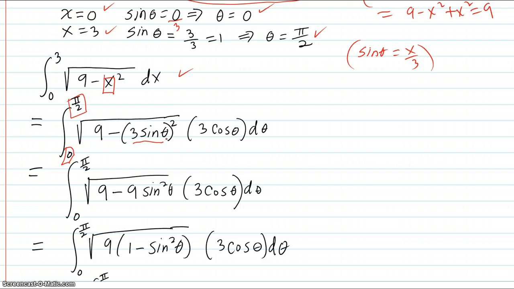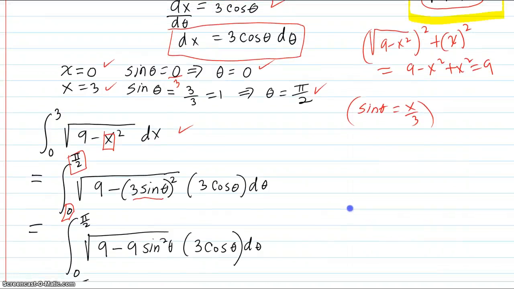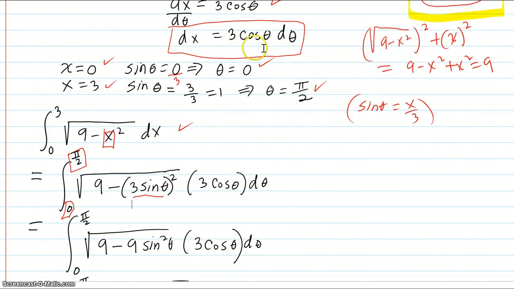We saw that. And the dx was 3 cosine theta d theta. So this was the dx, and this in here was the x.